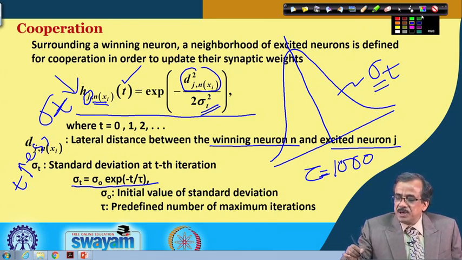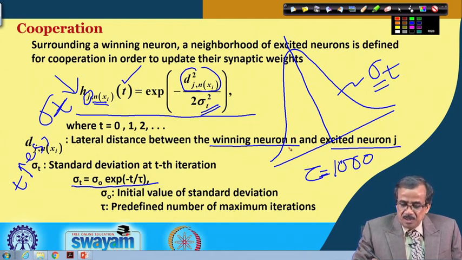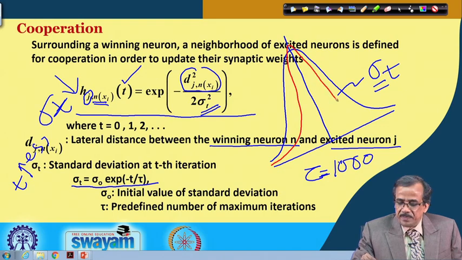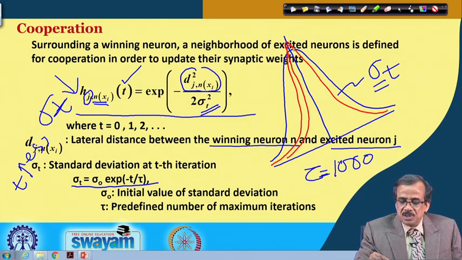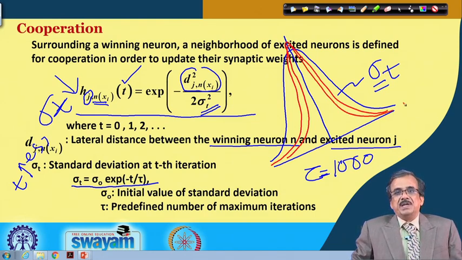If sigma t reduces, I will be getting some sort of steeper distribution of this Gaussian. So, as iteration proceeds, I will be getting this type of steeper distribution, and as iteration proceeds, I may get even steeper distribution.